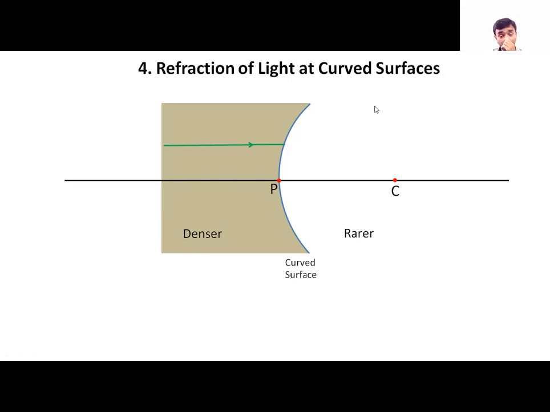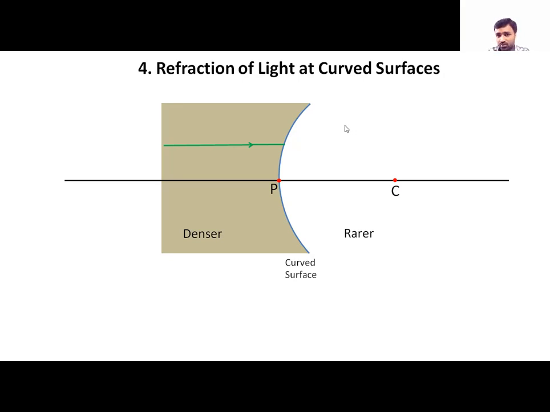Yes, it is parallel to the principal axis. On which surface is it targeted? Convex surface. After crossing this surface, in which medium is it, and into which medium does it enter? Before that, it is in the denser medium. After crossing the surface, it enters into the rarer medium.